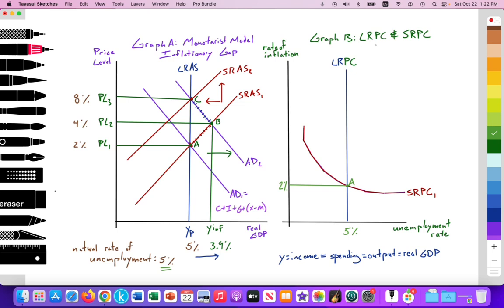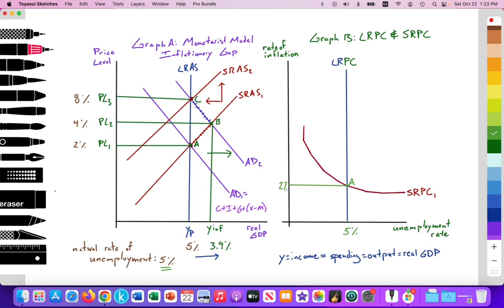Here in graph B, we're illustrating the long-run Phillips curve, and the long-run Phillips curve is reflective of the long-run aggregate supply curve. It illustrates the full employment of resources and the average level of unemployment that we achieve in the economy that is relatively fixed unless we change some aspect of the structural economy.